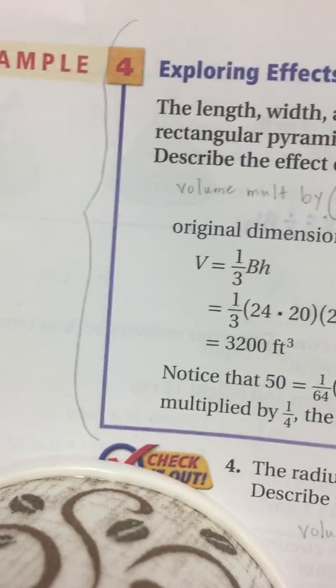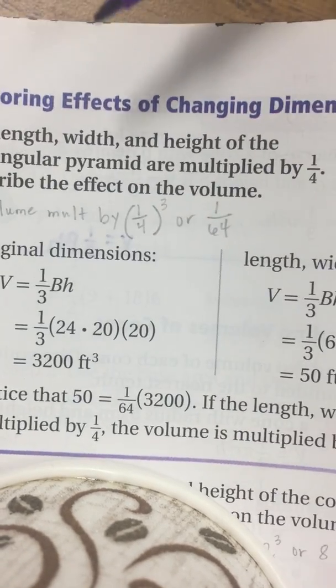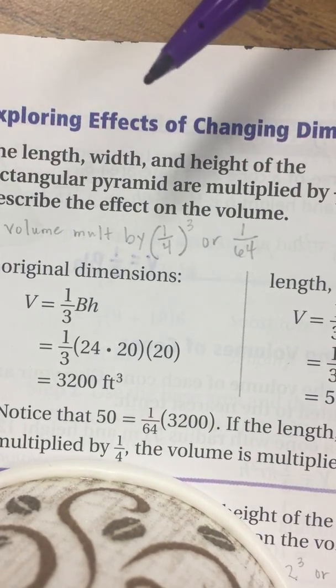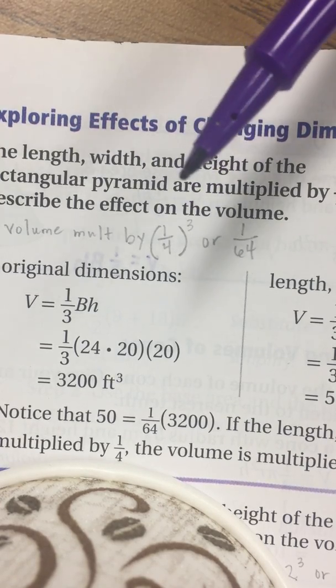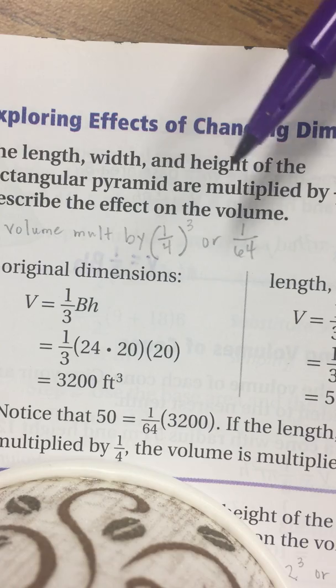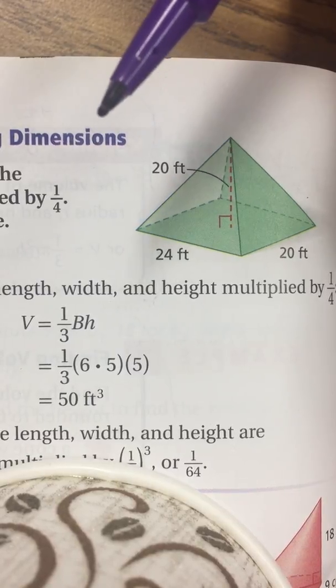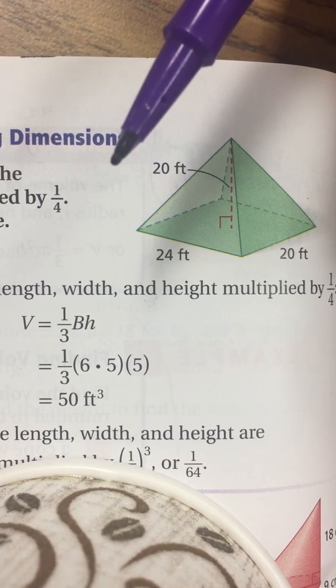All right, flip the page. The next thing is something we really just need to talk about. We've talked about this over and over: exploring the effects of changing dimensions. If we change the dimensions when looking for volume, remember that we must multiply the volume by that same amount cubed. So if we change the dimensions of this pyramid each proportionally by 1/4, what are we going to multiply the volume by to find the new volume of the new figure?